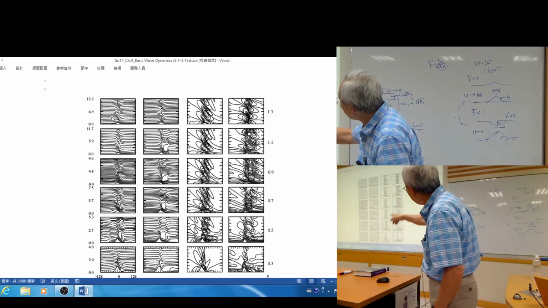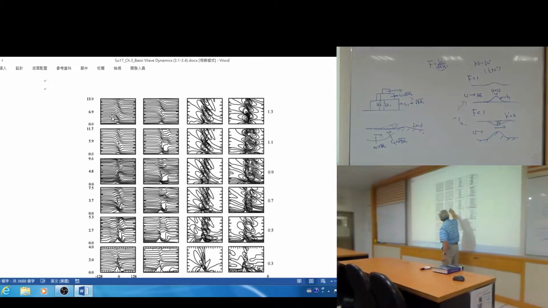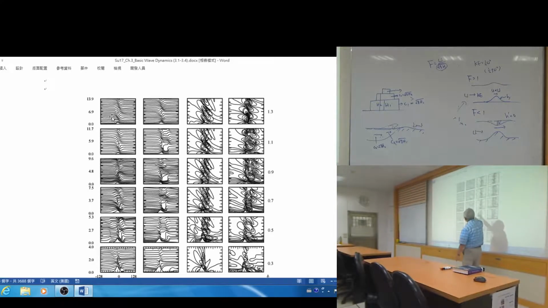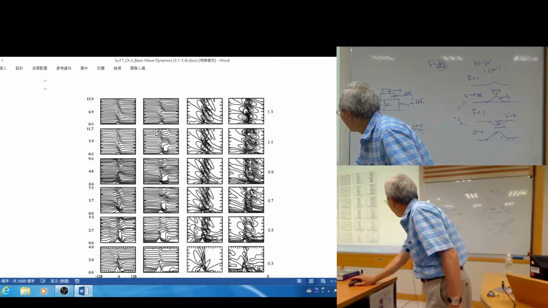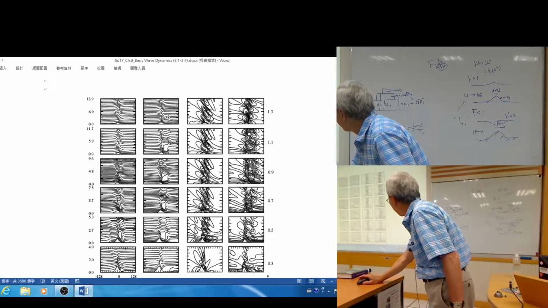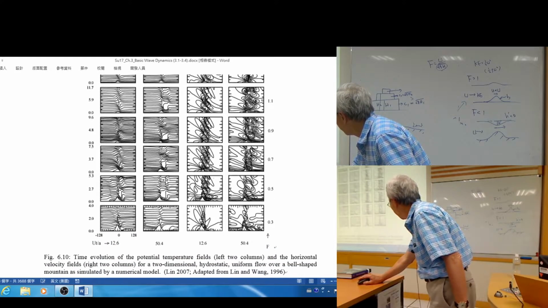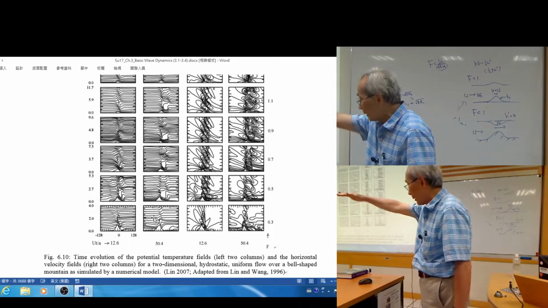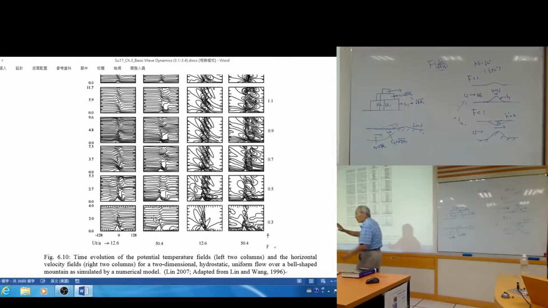You can see the flow. As time goes, you can develop a hydraulic jump. If the flow is faster, it goes over, almost like supercritical flow, and you can develop it like this. This is kind of a hydraulic jump here. Those lines are potential temperature.